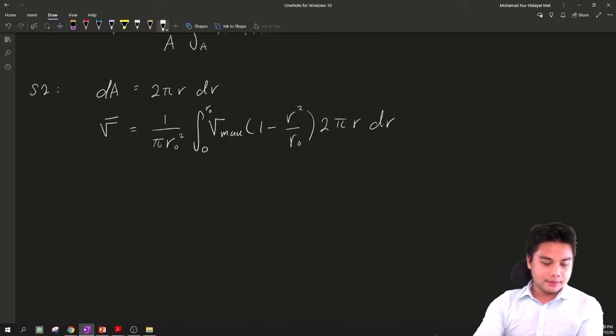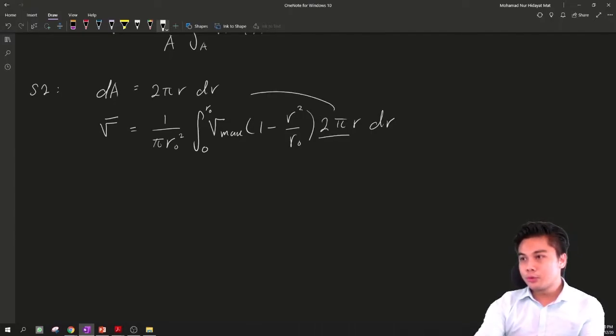From this part, we try to simplify the equation. This is constant, we move it to the front. Okay, this one is a pi, we can cancel pi, and we leave only 2.